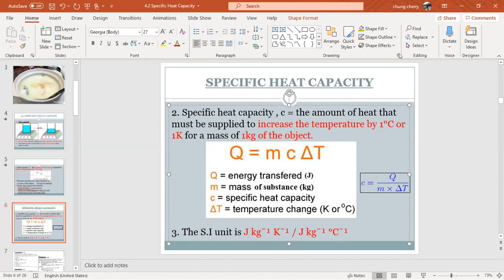Before you copy down, can you compare the heat capacity and this definition for specific heat capacity? What is the difference?